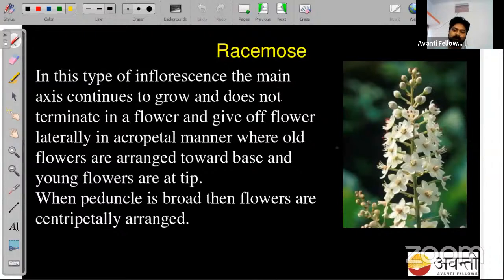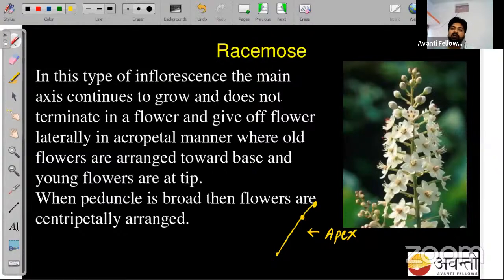That means if this is the main axis, it continues to grow and there is no flower on the apex side. Actually, this is the continuously growing part in the case of racemose.